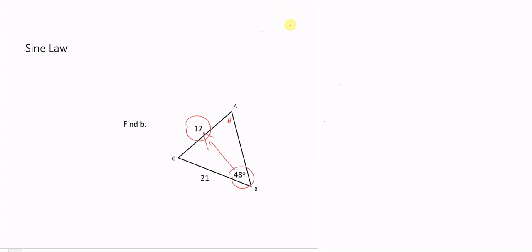So I'm going to write sine of 48 degrees over its opposite side, 17, is going to be equal to, we're asked to find angle theta, and we know its opposite side. So remember, we need to make sure that we have our angles both in the top in this case. So we get sine of theta, the unknown angle, over 21.